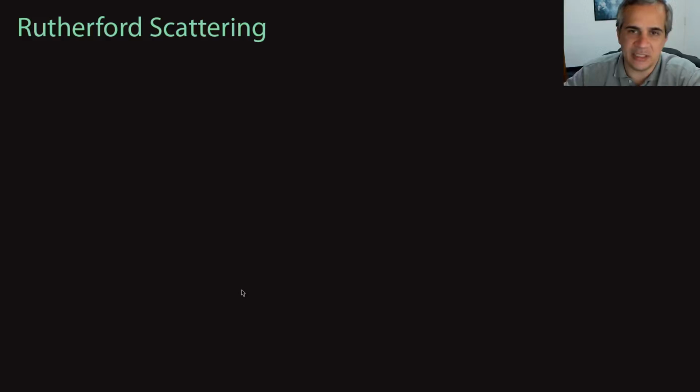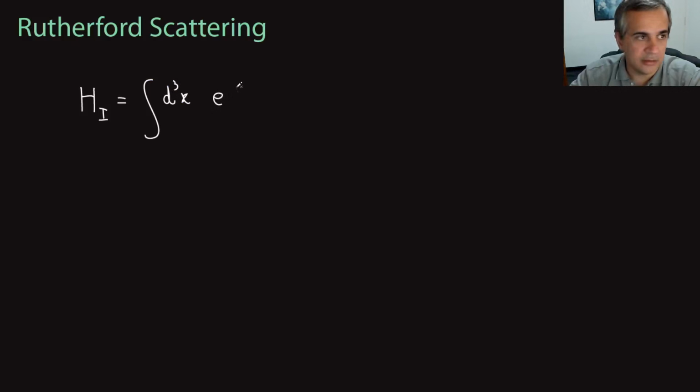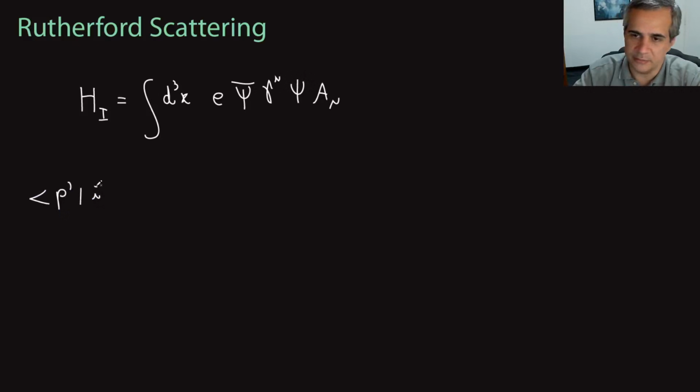So the interaction I will use, the interaction Hamiltonian, will be this one, which is the usual thing for QED, right? This is my interaction. But when I go and calculate the scattering of fermions, I will again do a one-to-one scattering, right?